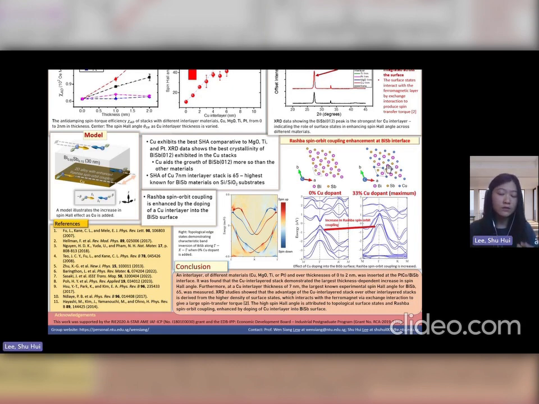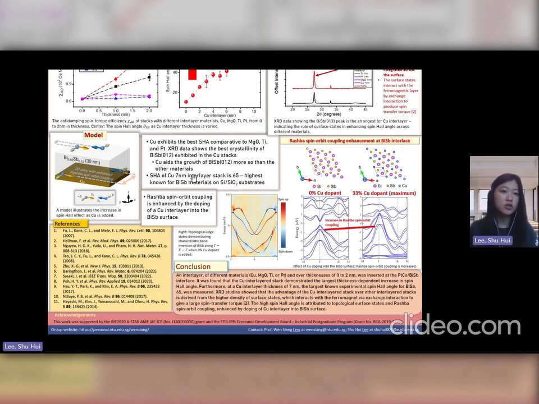Now when we interface copper with the bismuth antimony, it's energetically favorable for doping to occur. The copper dopes itself into the bismuth antimony surface, and the DFT results show that the Rashba effect, the spin splitting, is pronounced when copper begins to dope into the bismuth antimony surface.